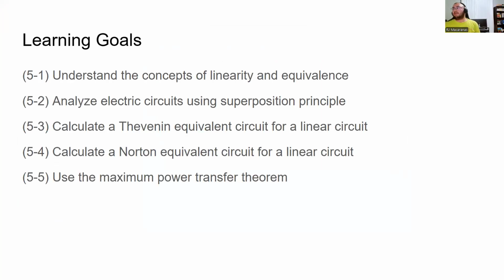So, additional analysis techniques. We're looking at concepts of linearity and equivalence, and then using the superposition principle, looking at Thevenin equivalent circuits, and then Norton equivalent, and just the maximum power transfer theorem.